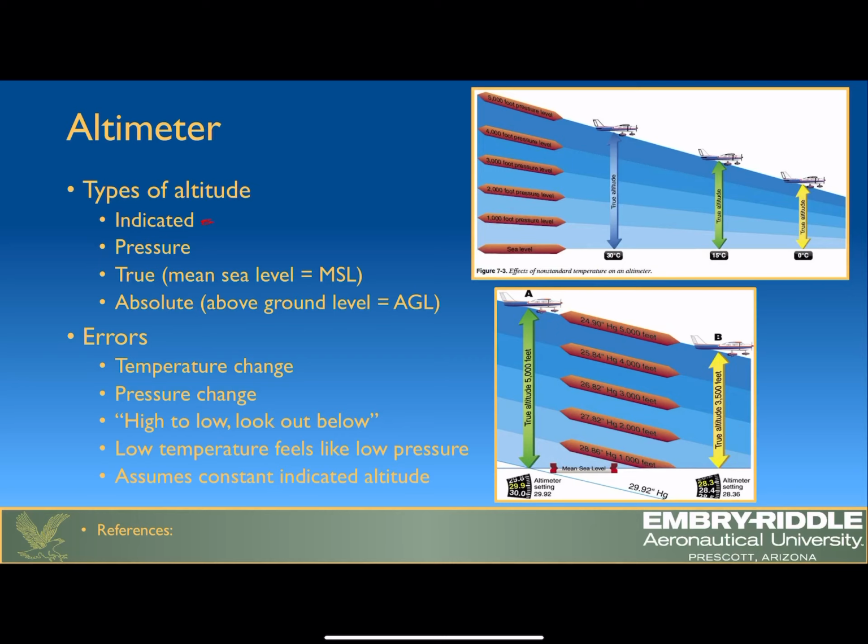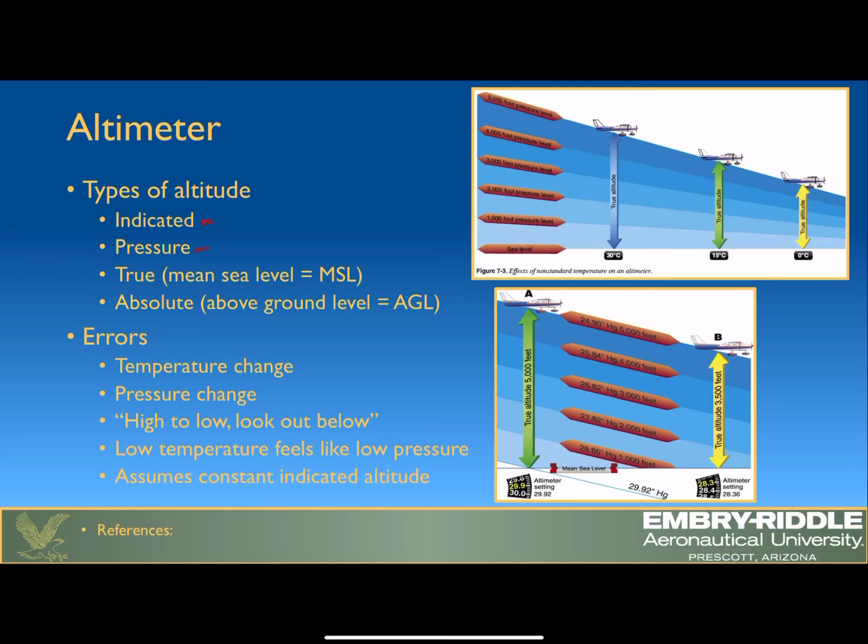Then we have pressure altitude. So if you remember, pressure altitude is your field elevation corrected for non-standard pressure. So in theory, if you got in the airplane and you go to the altimeter and you just automatically set it to 29.92, that is going to read your pressure altitude.